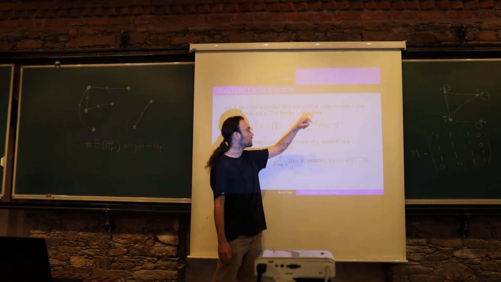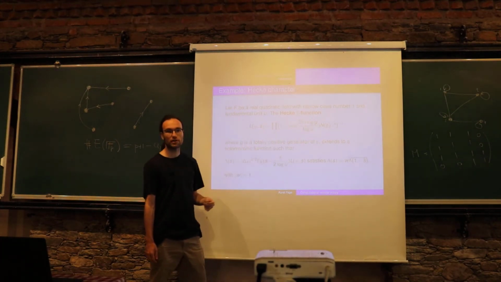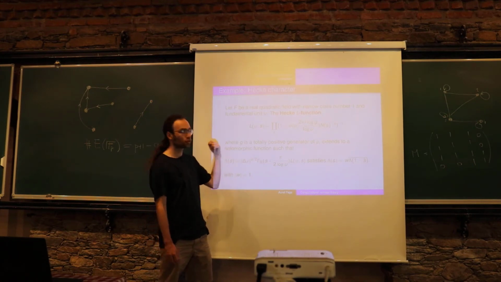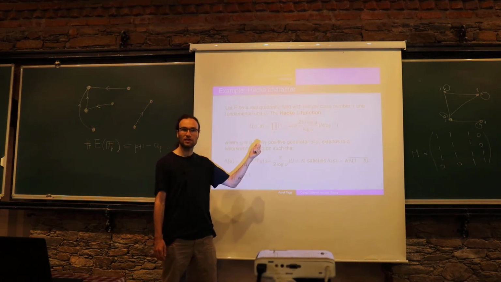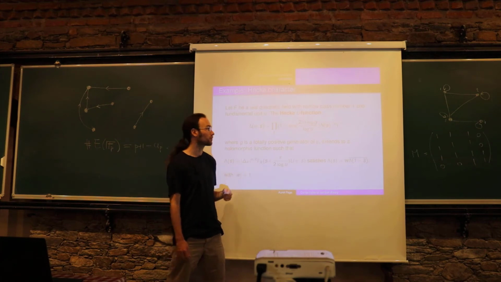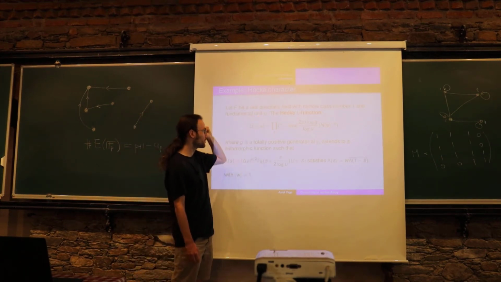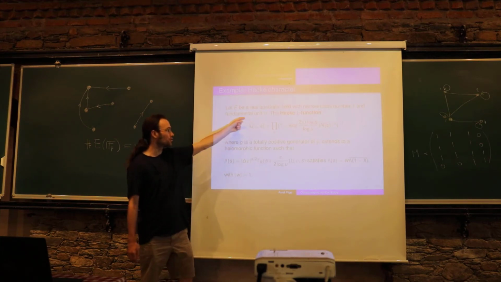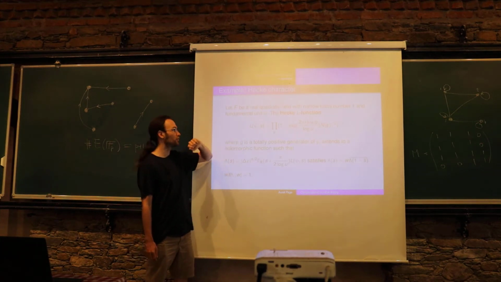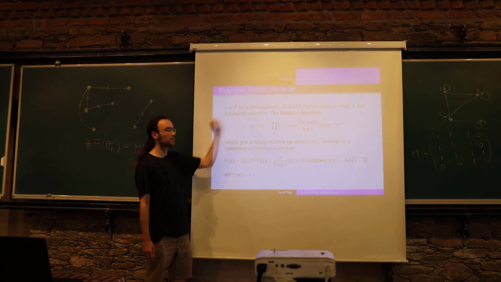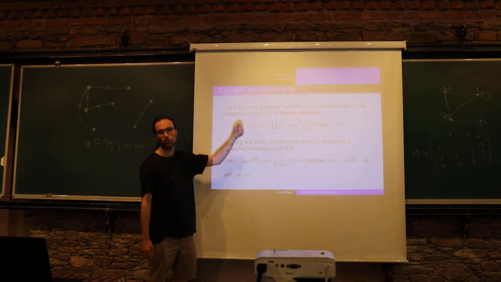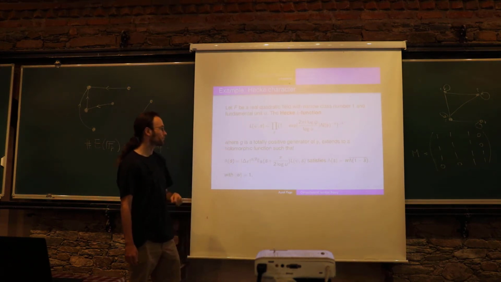Narrow class number 1 means every ideal is generated by an element that is totally positive, that is, positive in every real embedding of F.